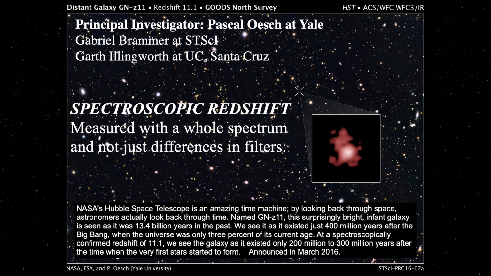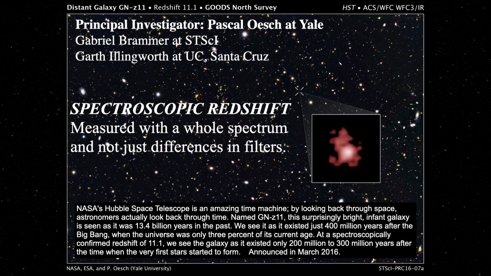Photometric redshift has a lot of problems, but if you can make an actual spectrum of it, then you can determine the spectral characteristics and determine it's actually a galaxy and not a star. So they were able to do this and find that this was a confirmed redshift by actual spectroscopy.